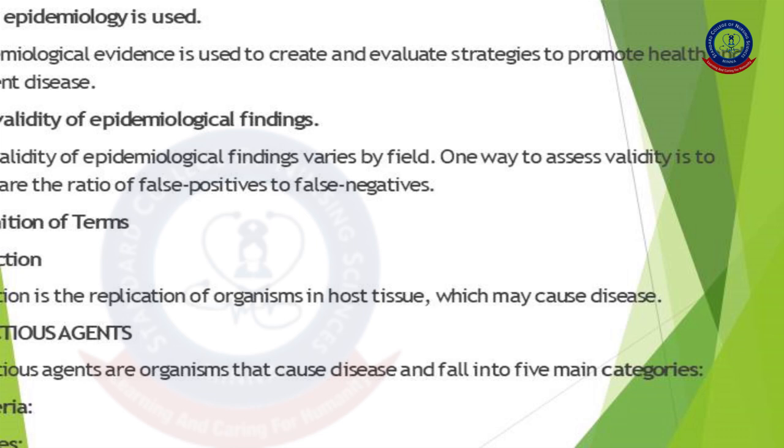Then we also have infectious agents. Infectious agents are organisms that cause disease, and they fall into 5 main categories, which are bacteria, virus, fungi, protozoa, and the helminths.